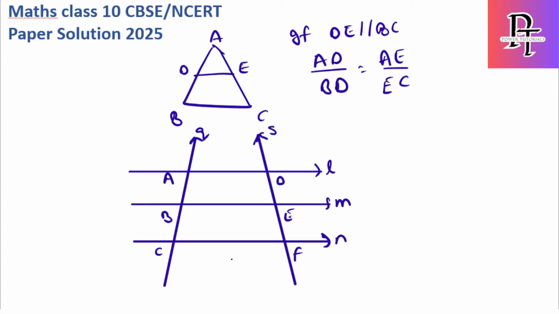Okay. So first what you have to do is join A and F, and let's mark this point as G, on the M line.